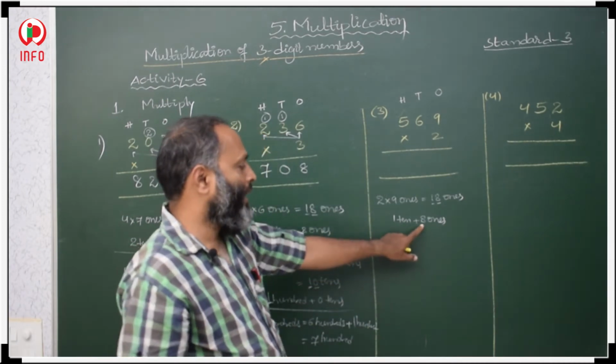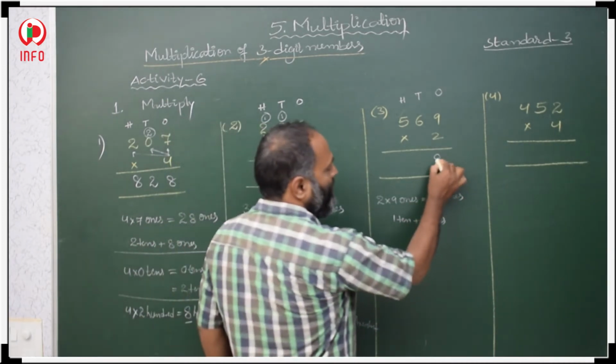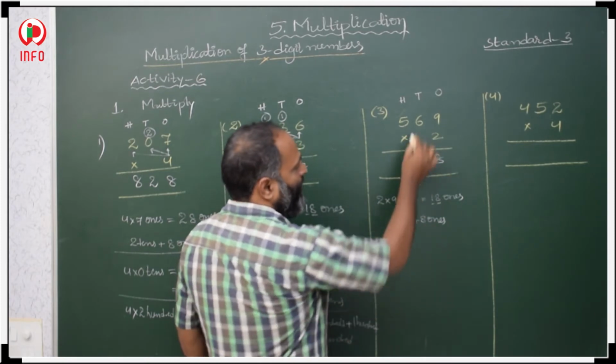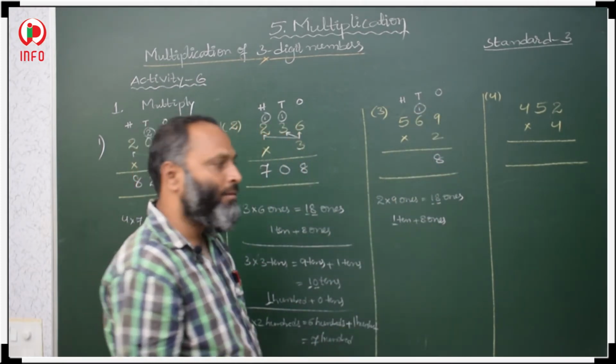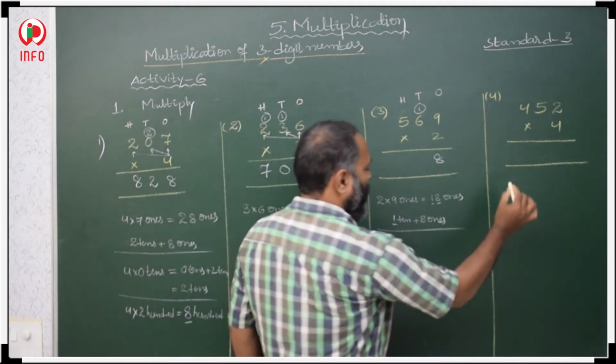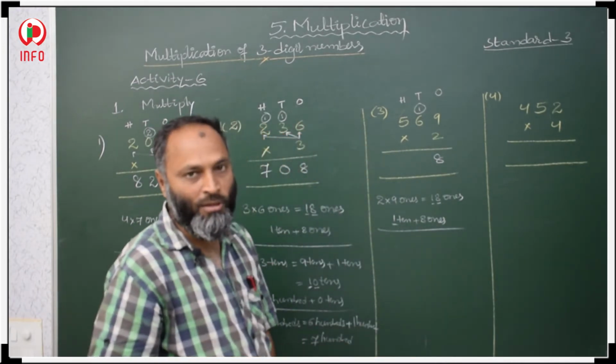Here 8 ones, 8 we write in ones place, and 1 ten we take as carry over on tens place. So it means ones multiplication is over.